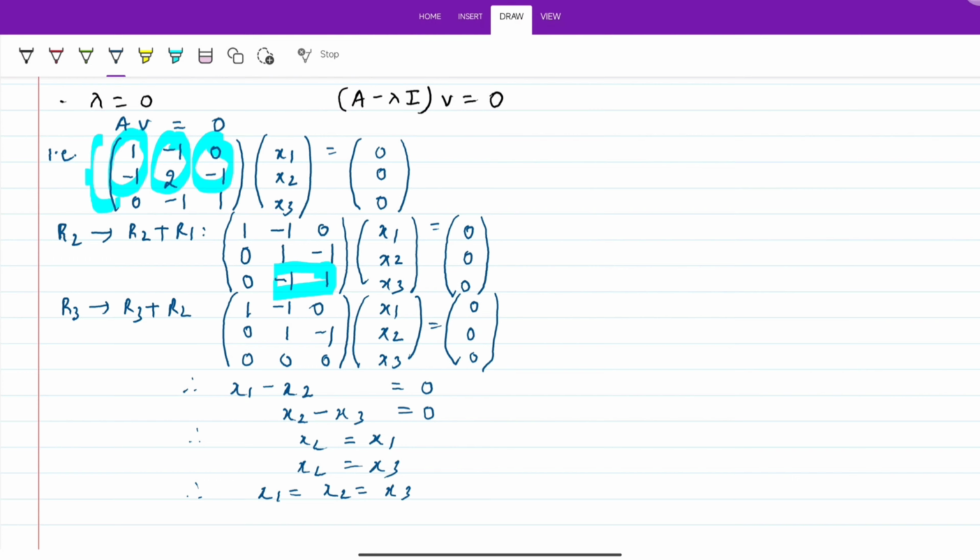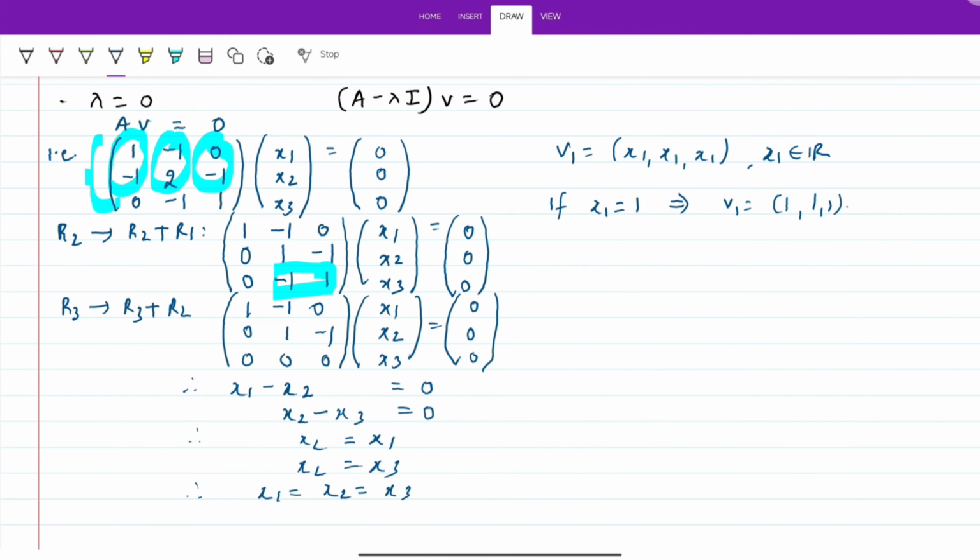So the eigenvector is going to be v1 is equal to x1, x1, x1, where x1 is a real number. If we put x1 as 1, we get v1 is equal to 1, 1, 1. This is the eigenvector corresponding to the eigenvalue lambda equal to 0.